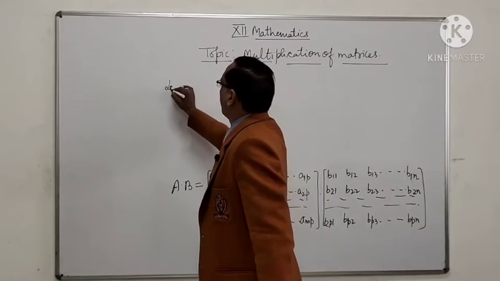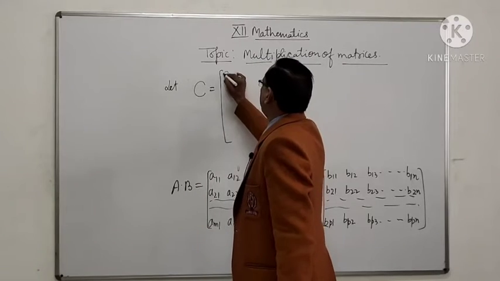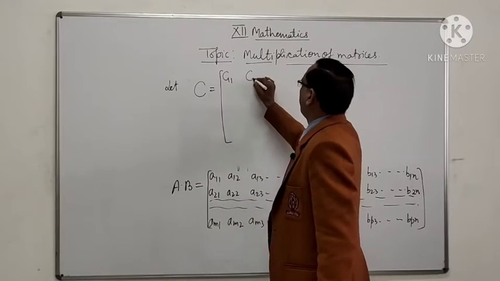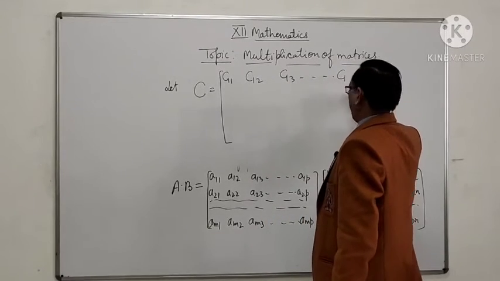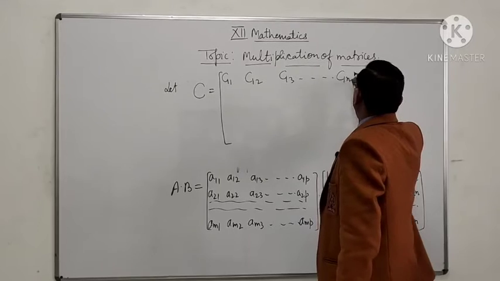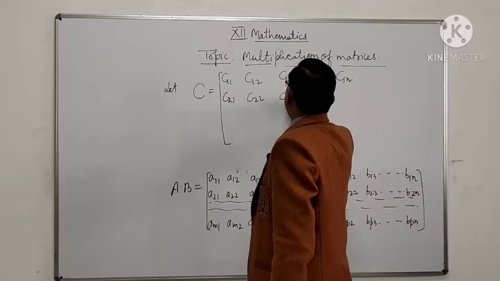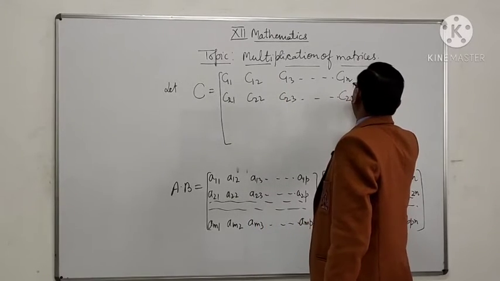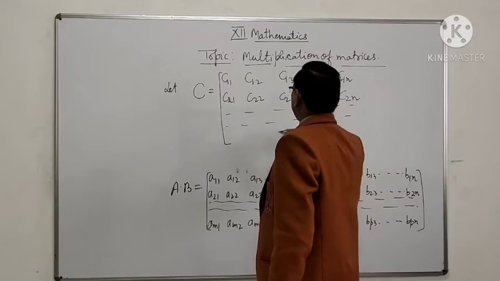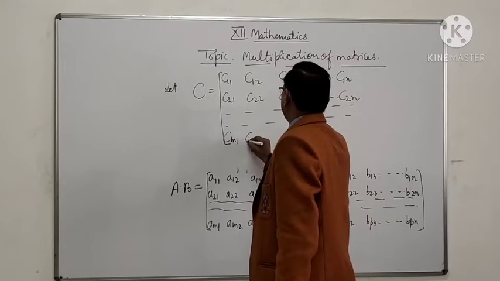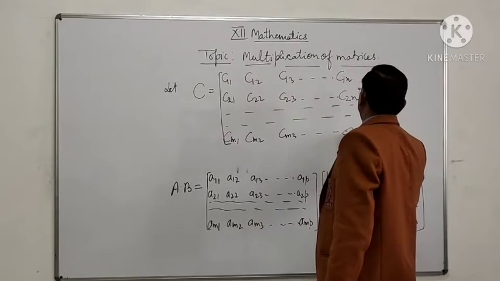Let the C matrix be like this: C11, C12, C13 till C1n, C21, C22, C23 till C2n, and so on, Cm1, Cm2, Cm3 till Cmn.